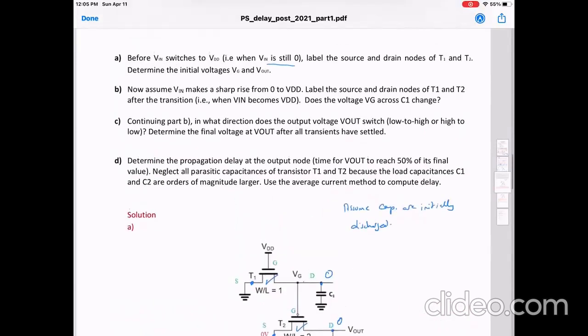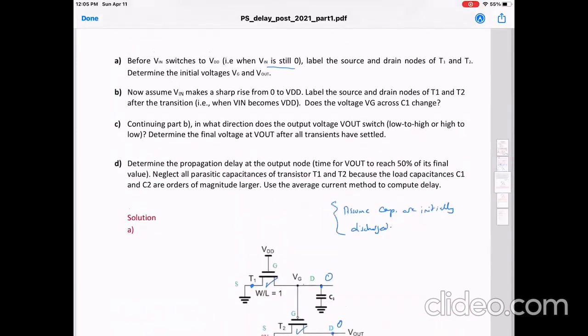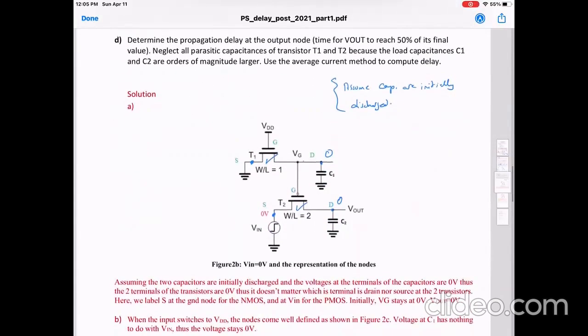What matters, assuming we told you that the capacitors are initially discharged, now that Vn makes a sharp rise from 0 to VDD, label the source and the drain of T1 and T2 after the transition when Vn becomes VDD.